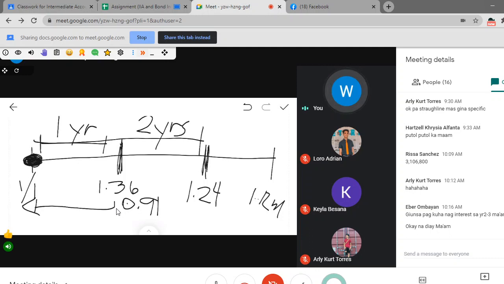That's why we use the 2 periods which is 0.83. Now, for 1.12 million, kanus-a na to na siya madawatan? Gikan January 1. That is for 3 years pa. 3 years after. That's why we multiply the PV factor for 3 periods which is 0.75.